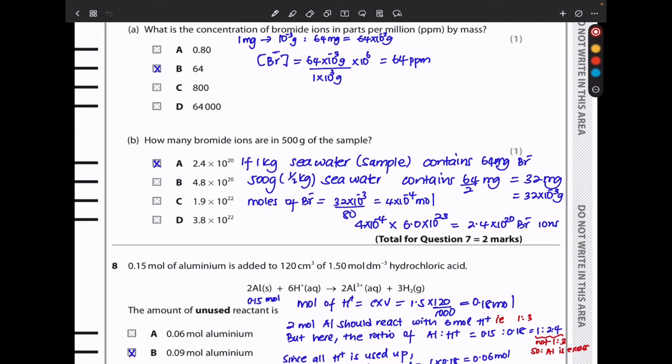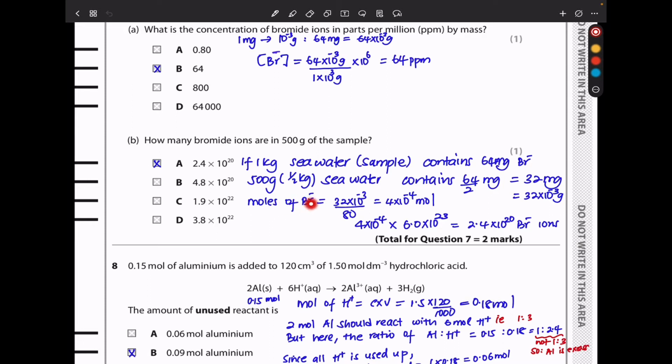In part B, how many bromide ions are in 500 grams of the sample? Remember, 1 kilogram of seawater contains 64 milligrams of bromide. So in 500 grams, which is half a kilogram, it's going to be 64 divided by 2, which is 32 milligrams. That is 32 times 10 power negative 3 grams if I convert that to grams.